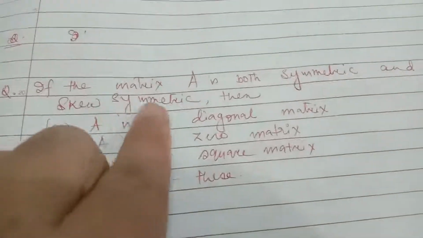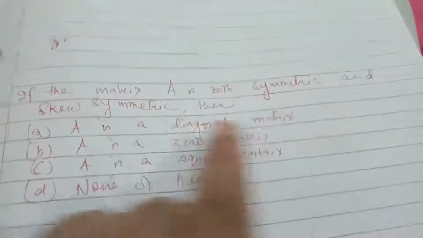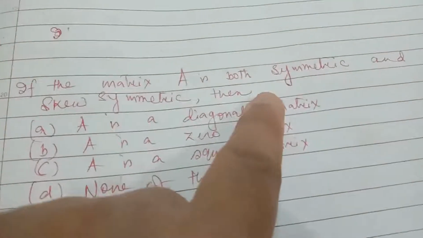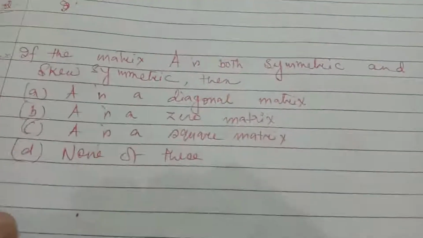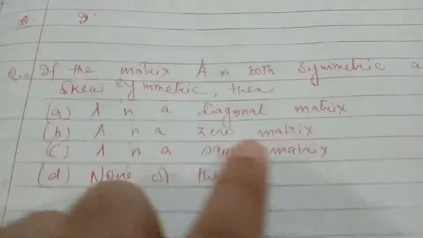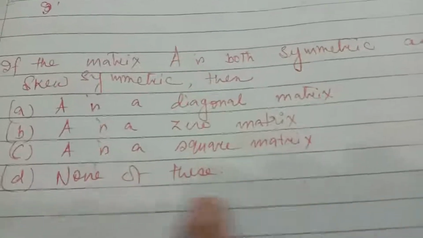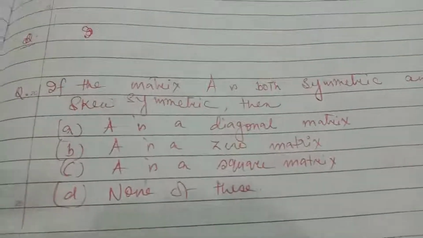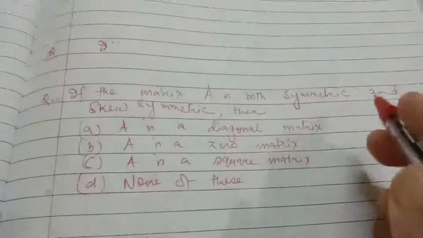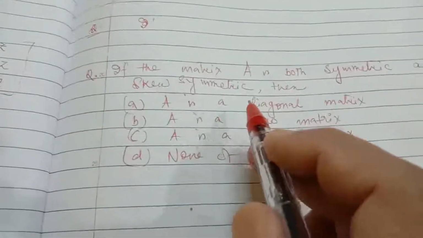If the matrix A is both symmetric and skew symmetric, then we have to choose the correct answer. A is a diagonal matrix, A is a zero matrix, A is a square matrix, none of these. Given the matrix A is both symmetric and skew symmetric.